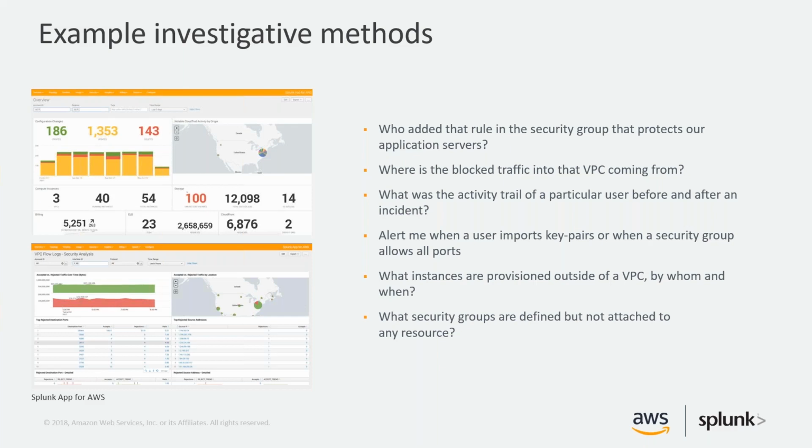So in other words, you just need to get good at investigating what's going on, being able to ask any questions of, again, your data to understand how you can operationalize such an investigative mindset.